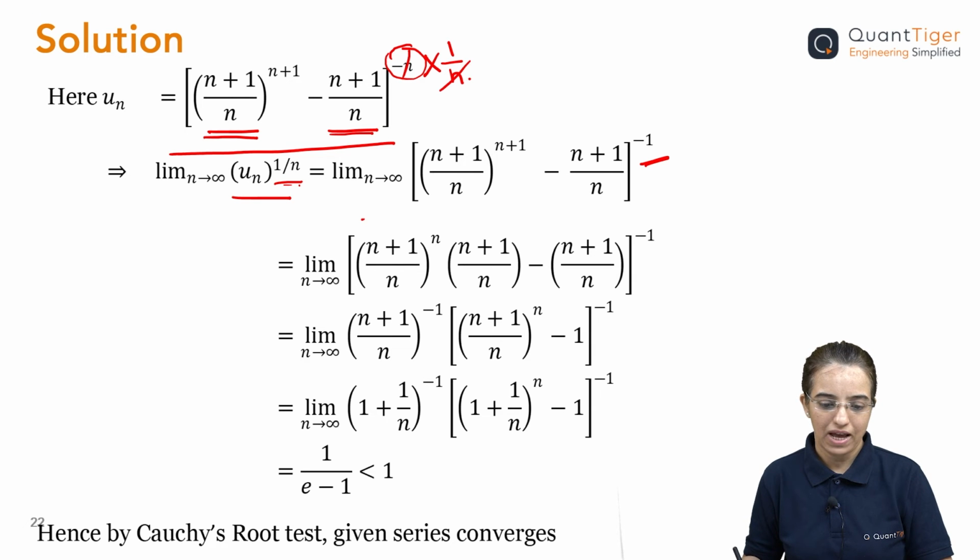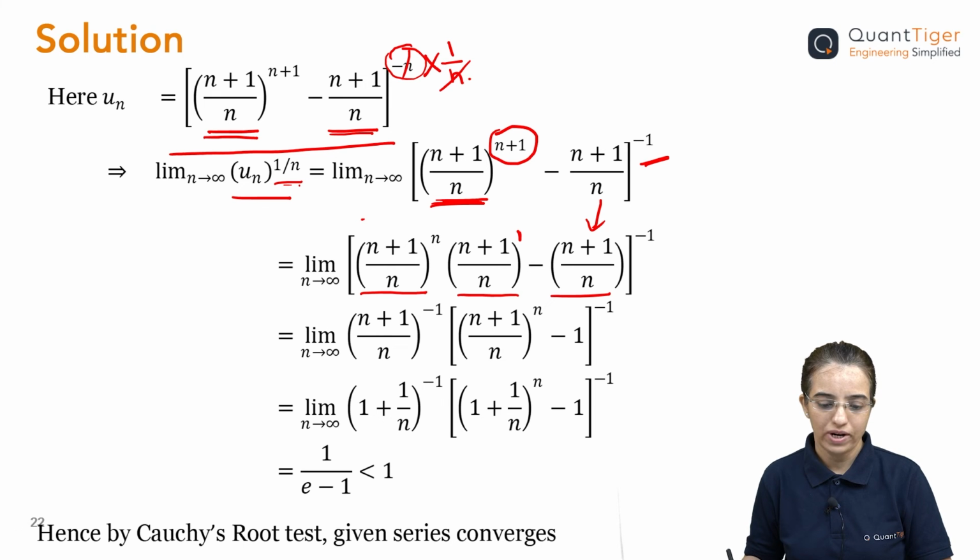Now we have to simplify it further. Here we have n+1, so I can split the bracket such that this will be the base and this power I can separate. I have split n+1 into two brackets: the whole bracket to the power n and the whole bracket to the power 1. Next term will be as it is, with the whole bracket raised to -1.